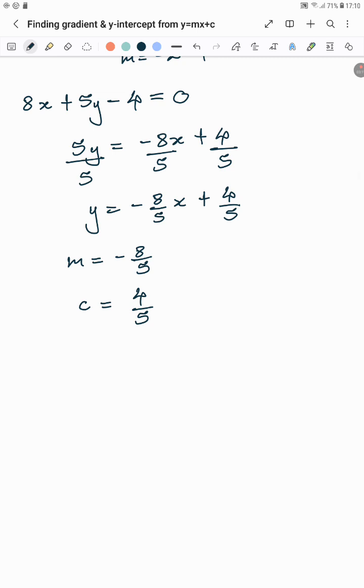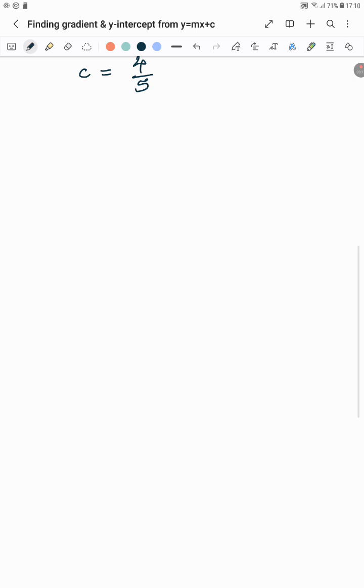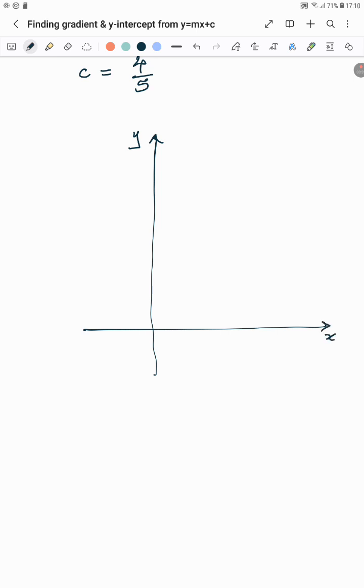So y-intercept is the point at which the straight line crosses the y-axis. Let's say I have a Cartesian drawing, this line representing the y-axis and this one representing the x-axis.